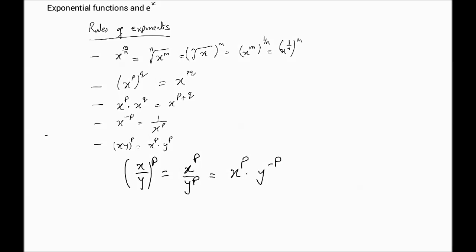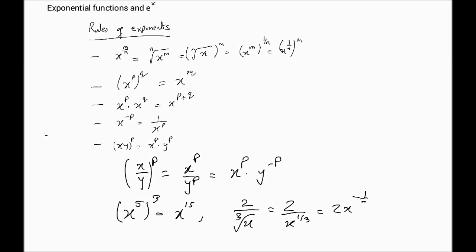For instance, x to the 5 to the power 3 is equal to x to the power 15. Next, 2 over the third root of x is the same as 2 over x to the 1/3, which is the same as 2x to the minus 1/3.